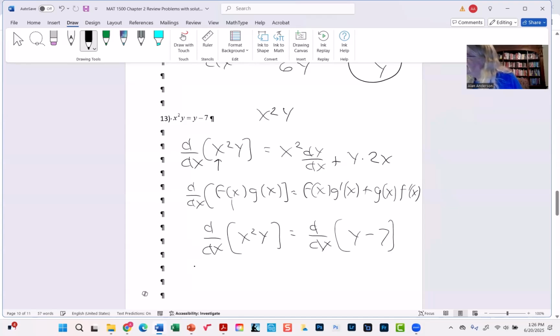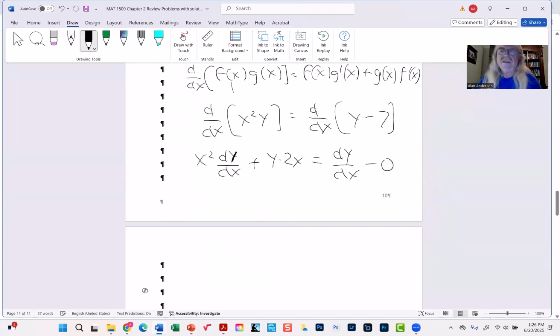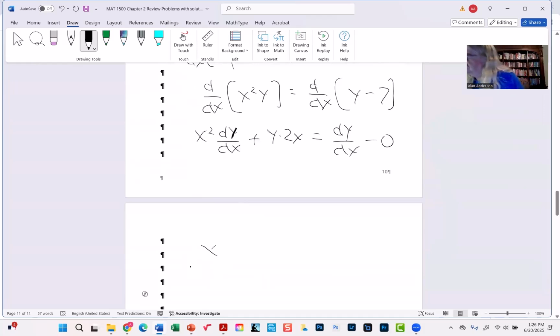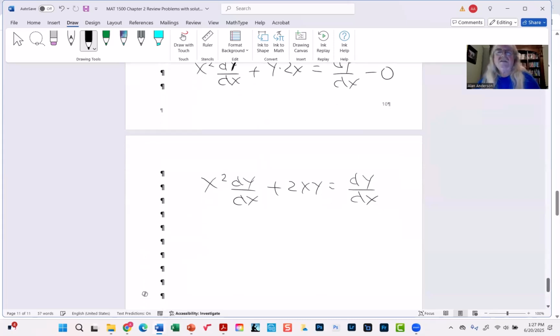So we already know that on the left-hand side, we have x squared dy dx plus y times 2x. On the right-hand side, the derivative of y in this case is simply dy dx, and then we have the 0. All right, so now we can consolidate these. So I'll subtract the x squared dy dx from both sides.